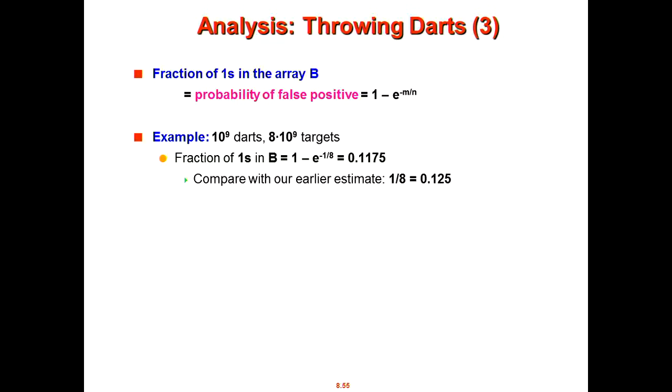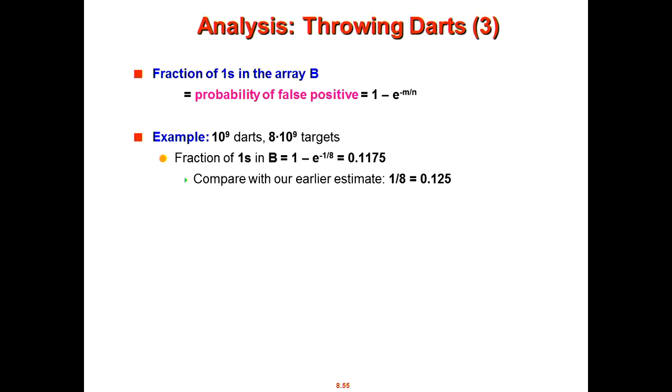Then based on the hash value, we set the corresponding bit in the bit array to 1. So given S, I have this bit array, and this bit array stores all the hash values of the given set.